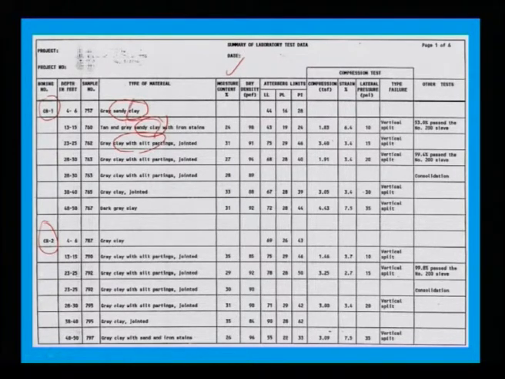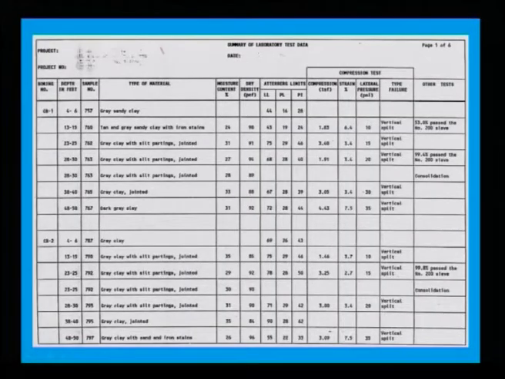Then the most important parameter that you will provide is density. When you collect the soil sample, how do you measure the density? Field density. The moment you collect the tube from the ground, it has been sealed at the top and at the bottom.